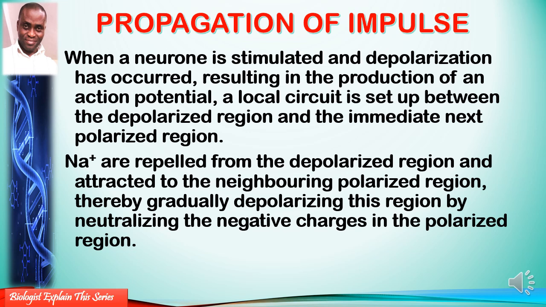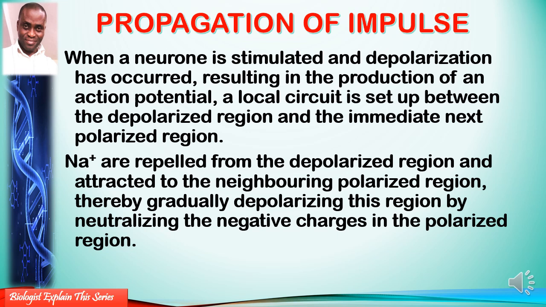Whenever a particular part of a neuron is depolarized, it is only that region that is depolarized. The remaining length of that neuron is still in a polarized state, meaning it is negatively charged. So a local circuit, local in the sense that it's just in that region, not throughout.